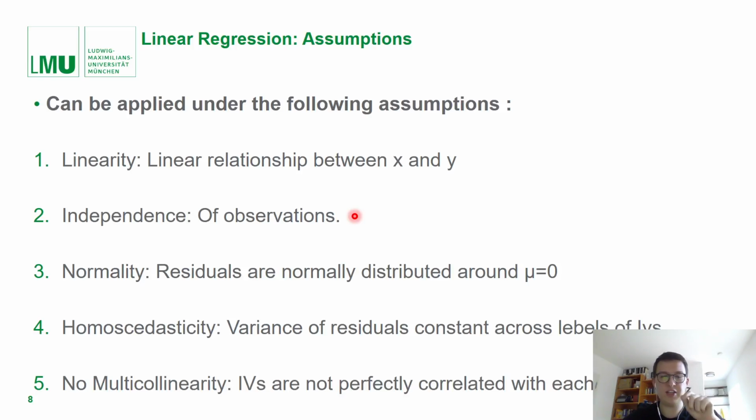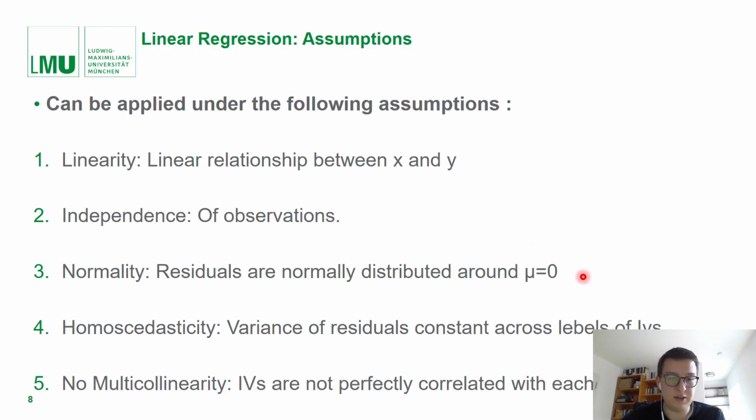If observations are people, for example when surveying people, they need to be independent of each other. So for example, if someone takes a survey of me and of Jan, I shouldn't interfere between these two time points and be able to talk to Jan. So it should be totally independent, all the observations.